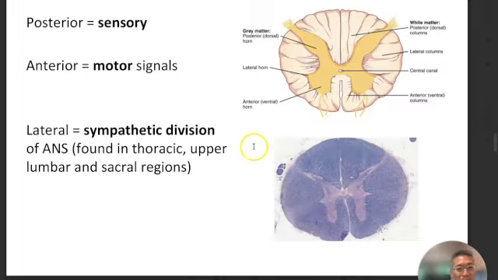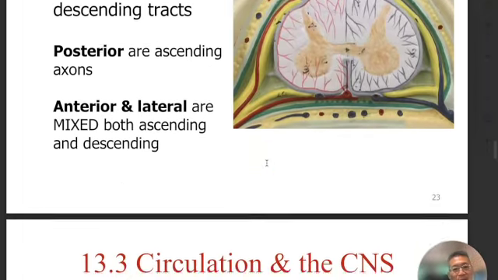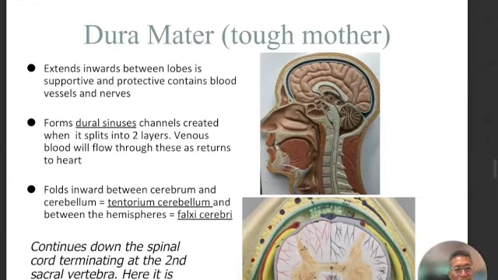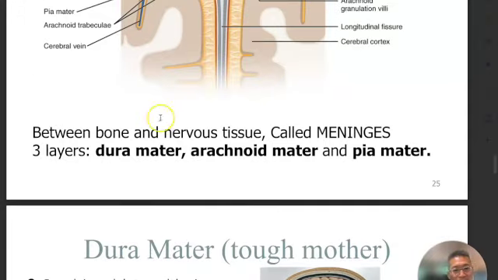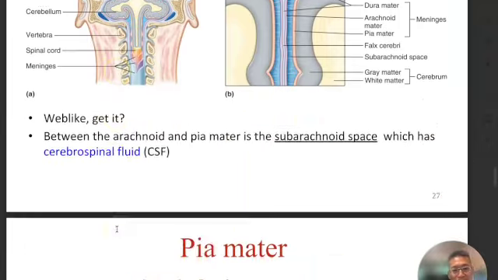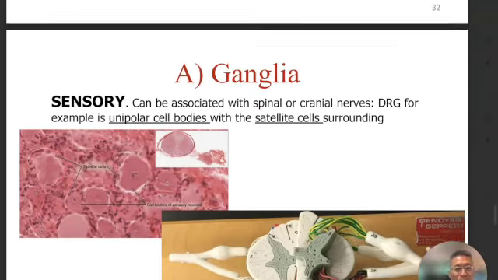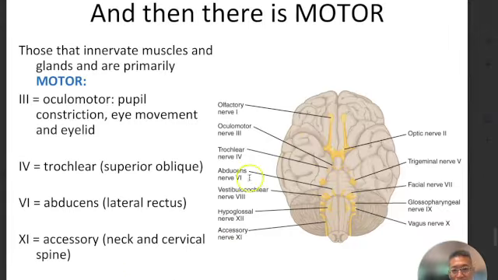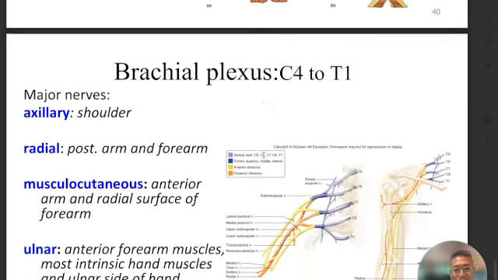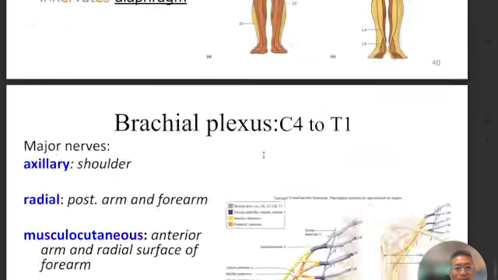Posterior is for motor, anterior is for sensory. Ganglia. Okay, know the 3 meninges. Okay, 3 meninges. You got to know the spinal cord, the spinal nerves. Okay, gotta know where they are. And your plexus. Okay, your plexus.